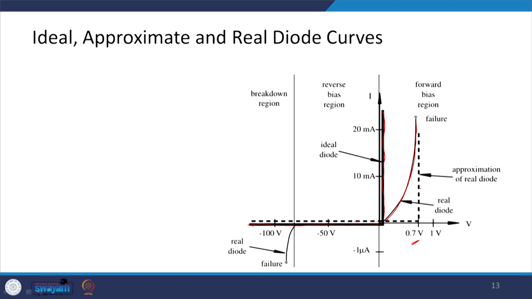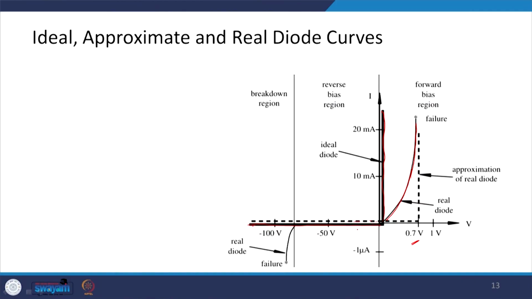Now, in the reverse bias region, in the case of a real diode, if you keep on increasing the voltage, initially there will not be a current, but in the breakdown region, at a high voltage, you get an increase in the current value, and ultimately it leads to failure.